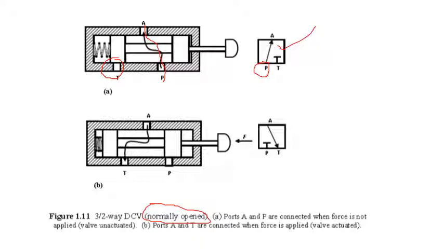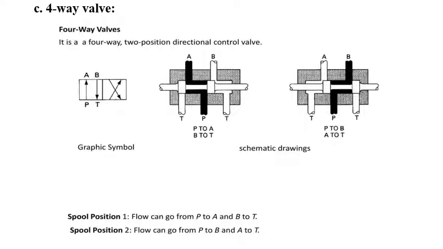And in second position what will happen, because of this external force, P is blocked, A is connected, T. So this condition is satisfied. So once you see these two figures, you come to know how the normally closed valve is and how the normally opened valve is.